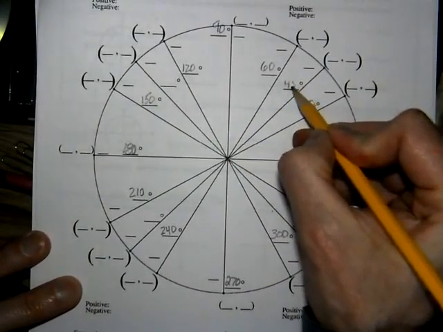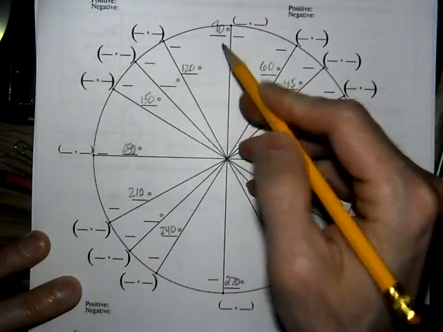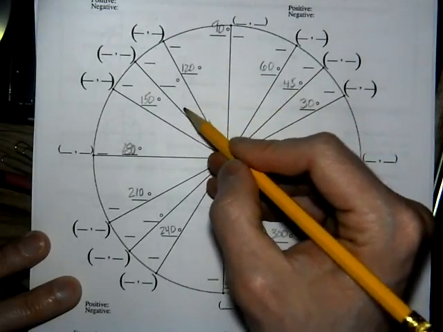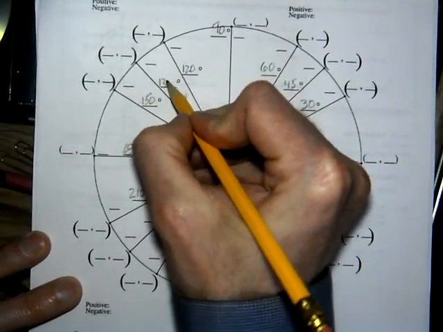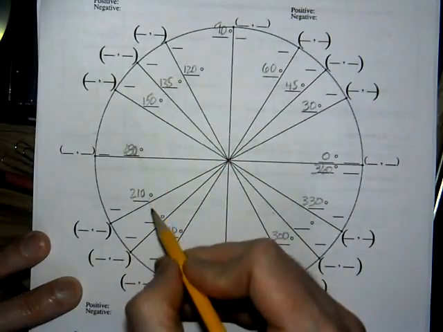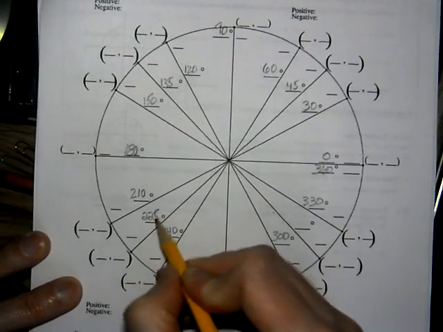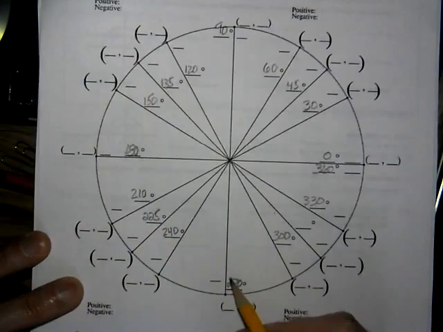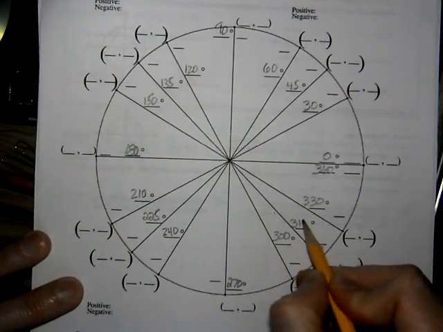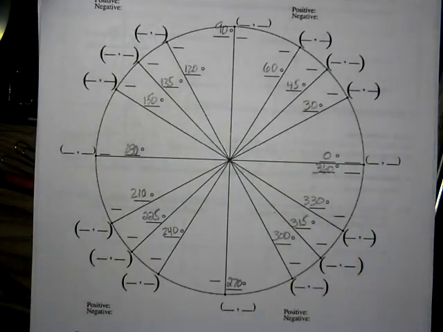So 45 goes down the center. 45 more degrees is your 90. 45 more degrees is 135. 45 more degrees, 225. 45 more, 315, with 45 more to 360.